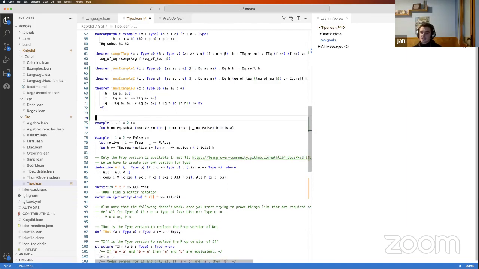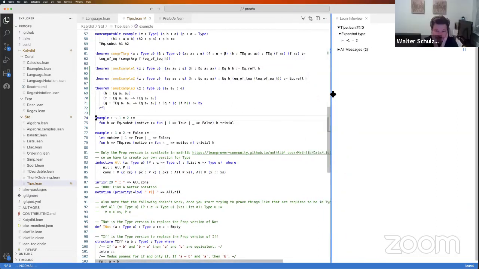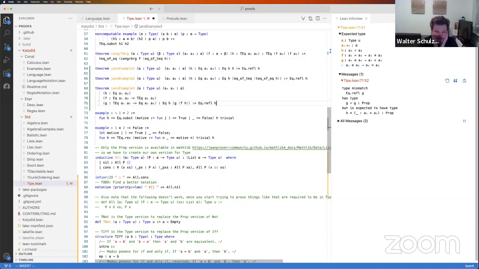I mean, is Lean doing something smart behind the curtains? With the refl tactic, yes, but not with Eq.refl. Right, so let's just make it clear. Yeah, that's not smart.